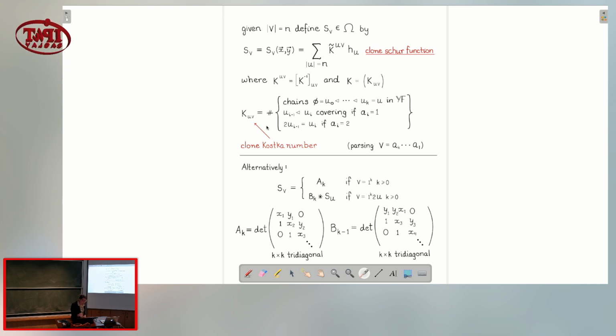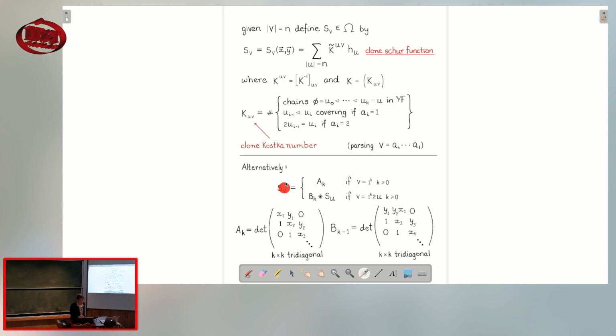Alternatively, I can write these clone Schur functions as shifted products of determinants. I let A_k be this k by k tridiagonal determinant where I put the x's on the main diagonal and the y's on the super diagonal. And I also make an analogous B. It's basically the same thing as A, except the top row is slightly different.